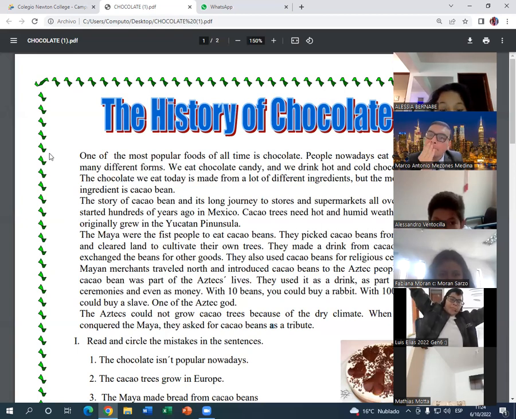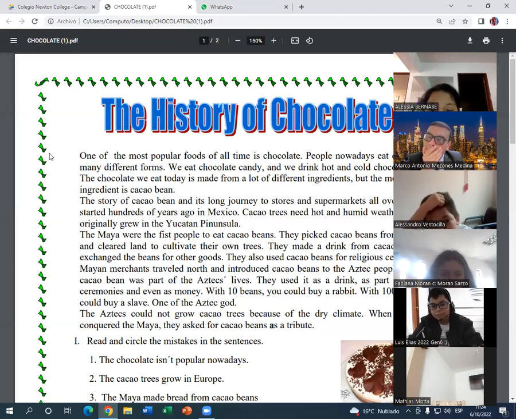The chocolate we eat today is made from a lot of different ingredients, but the most important ingredient is cacao bean. The story of cacao bean and its long journey to stores and supermarkets all over the world started hundreds of years ago in Mexico.